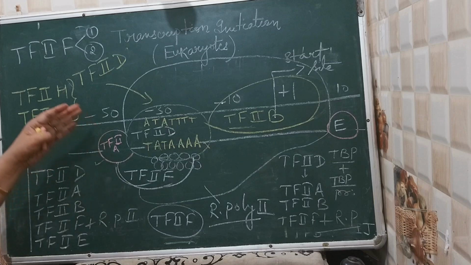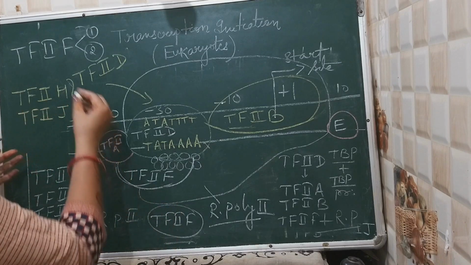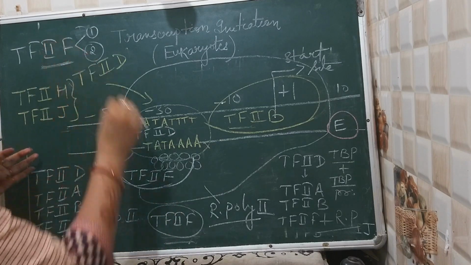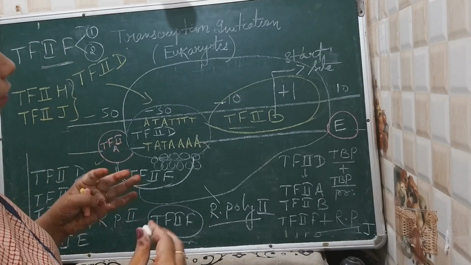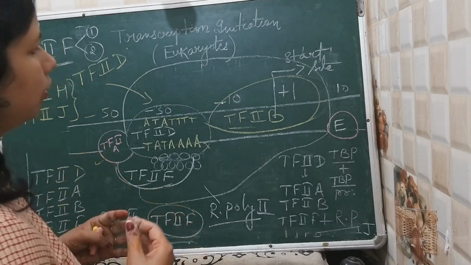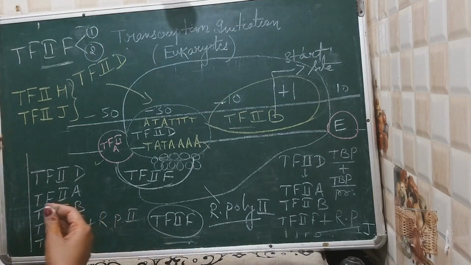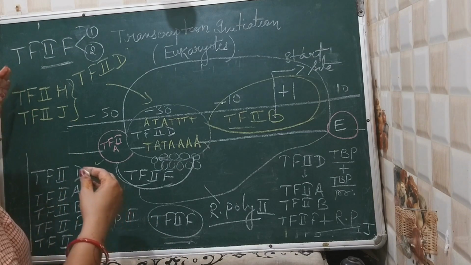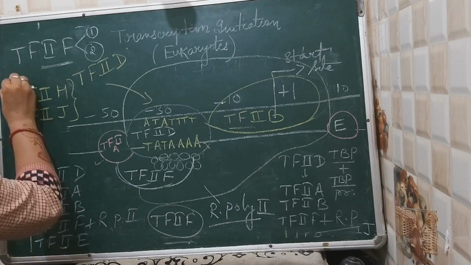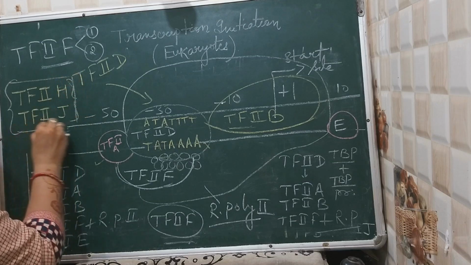So most probably TF2F catalyzes the formation of a local segment of unwound DNA strand.